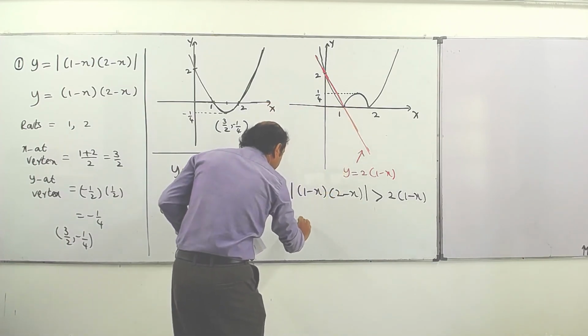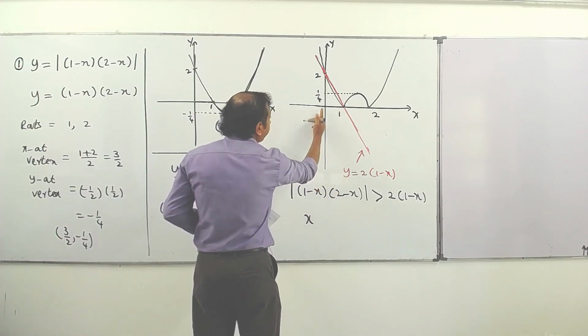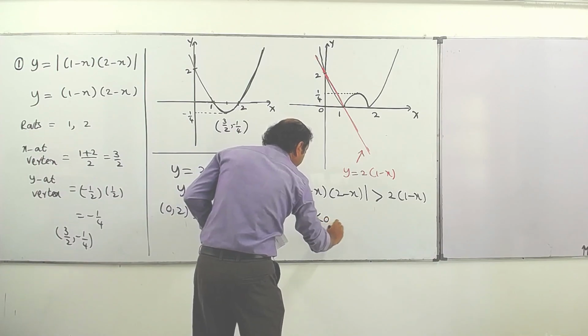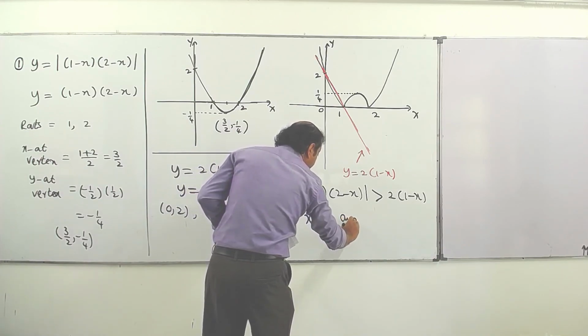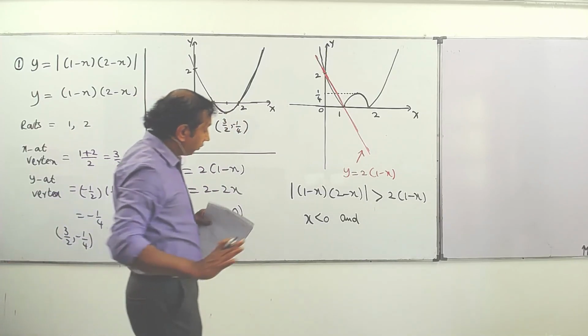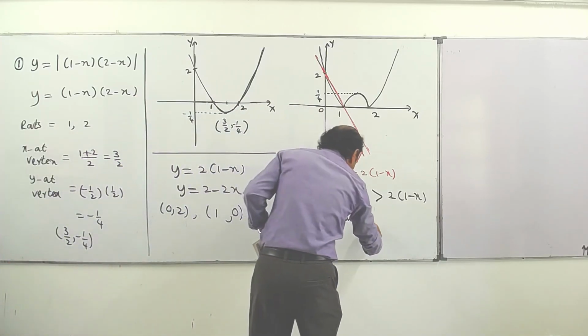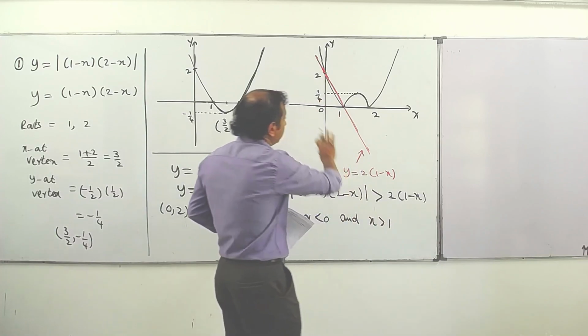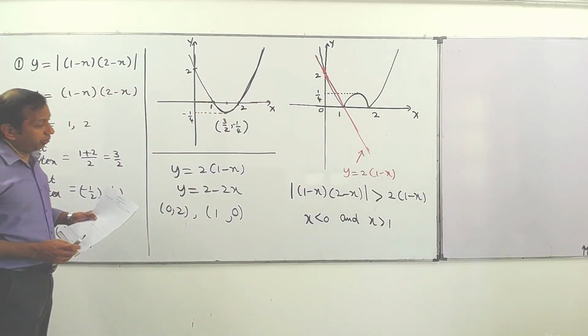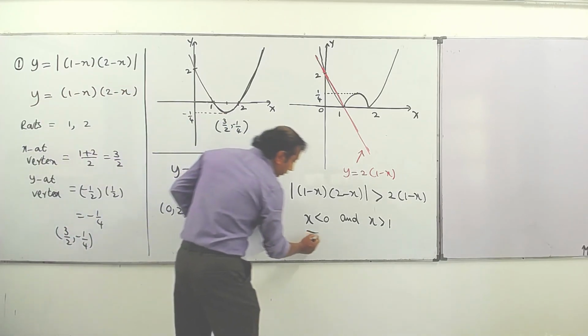That happens x less than 0 and x greater than 1, where black is above the red. Solution.